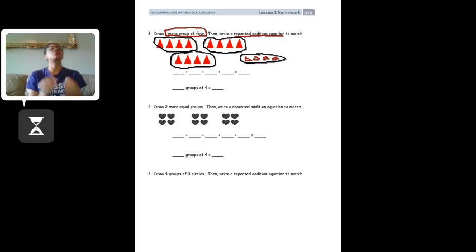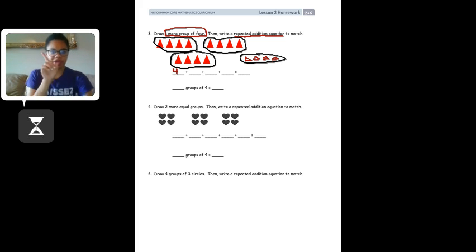Then it tells me I have to write a repeated addition equation. So let's go down to our number sentence, and I see that I have 1, 2, 3, 4 blanks. So now it's time for me to add however many triangles are in each group. And so I know that there's 1, 2, 3, 4 triangles. So I'm going to write the number 4 down in my first blank for my first group.